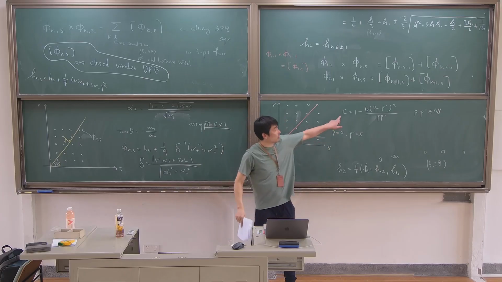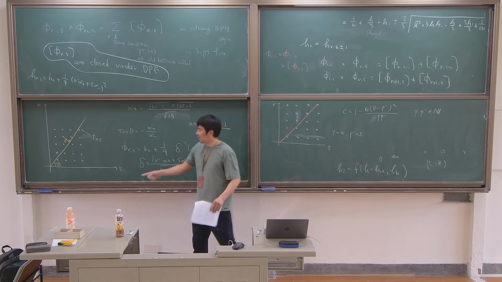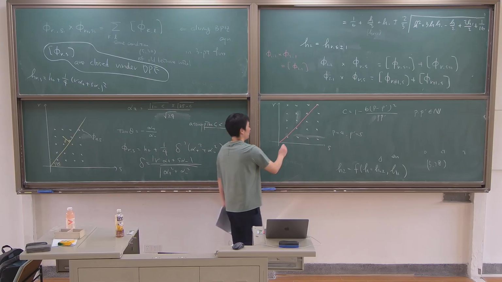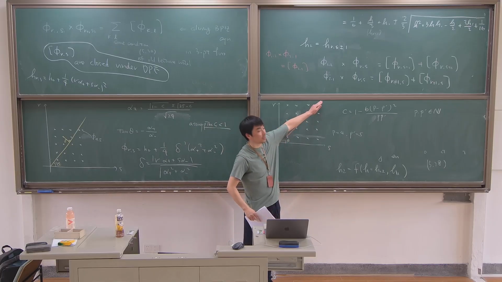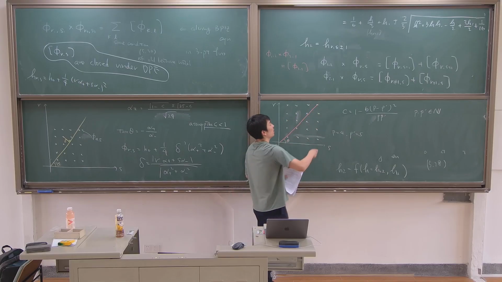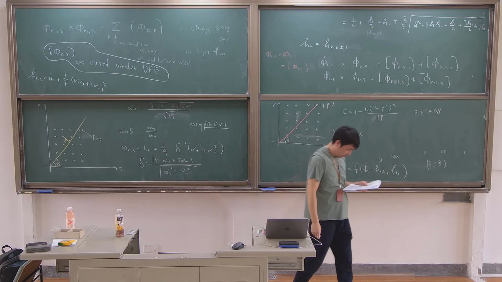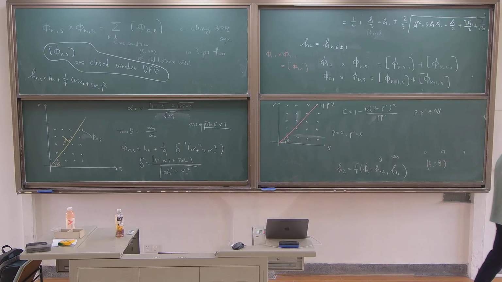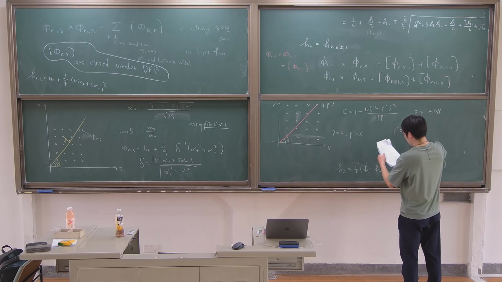If C is this particular value, this line is tuned in such a way that it hits the lattice point P and P prime, which satisfy the following equation.